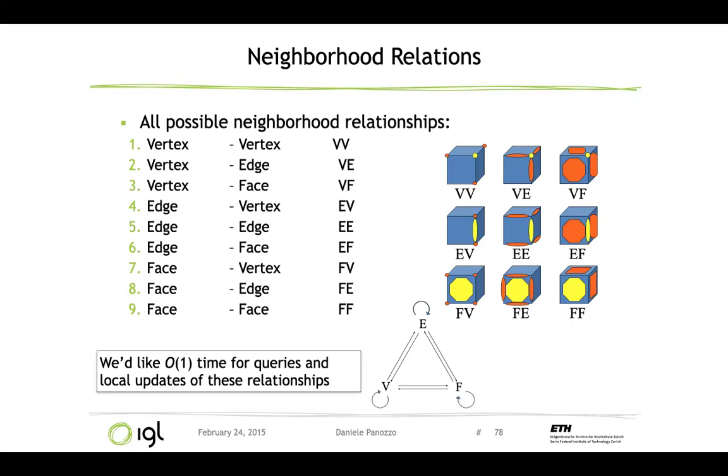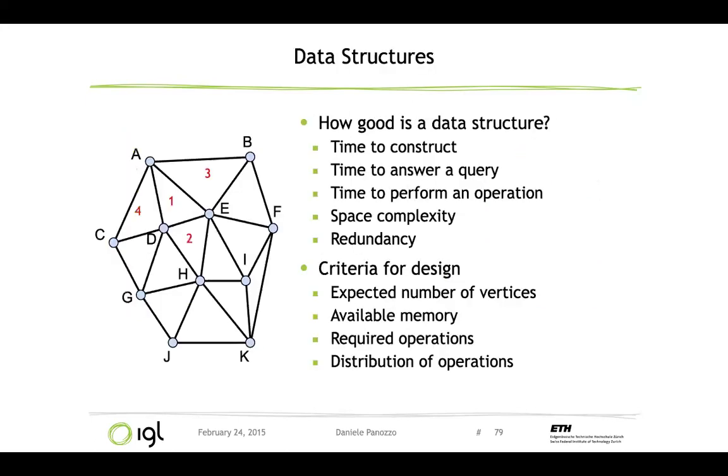And this has to be encoded into this topological graph, since the mesh is a kind of topological graph. So with that, what is the criteria for analyzing a good data structure for a mesh, and what is the criteria for designing the mesh given some application?